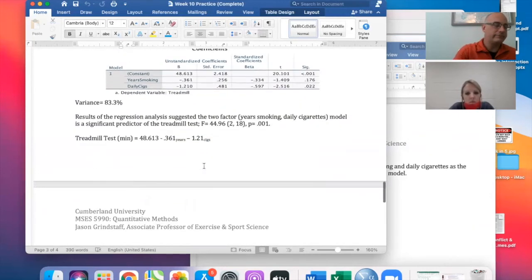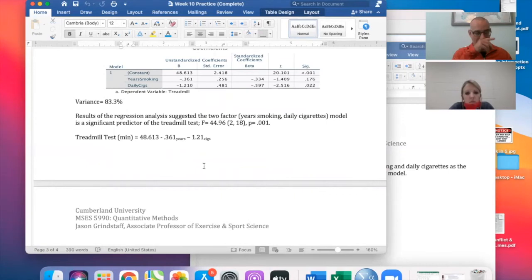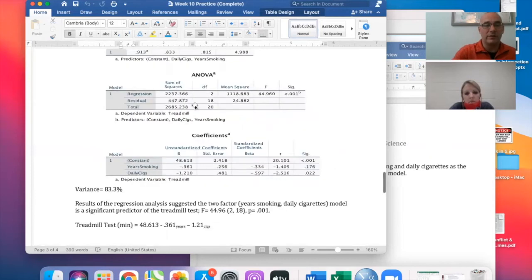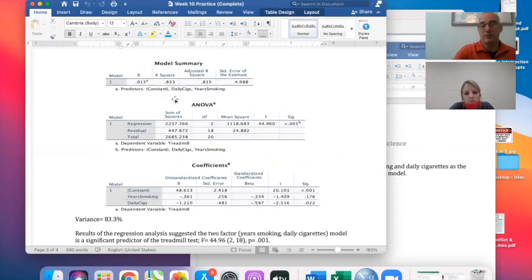Now, which model, which analysis is better, more valid? That's debatable, the 3-factor model versus the 2-factor model. On the surface, by an eye test, the 3-factor model is a stronger predictor.